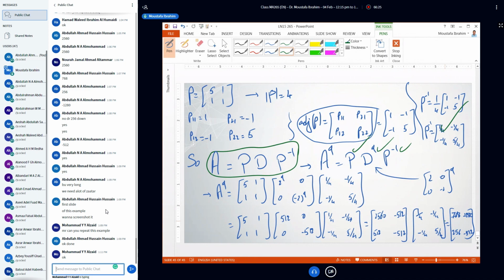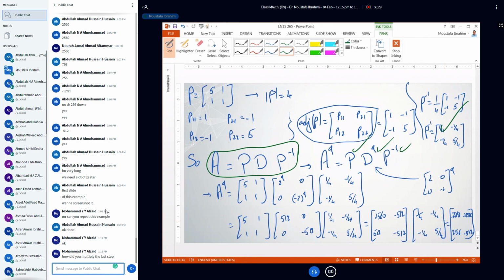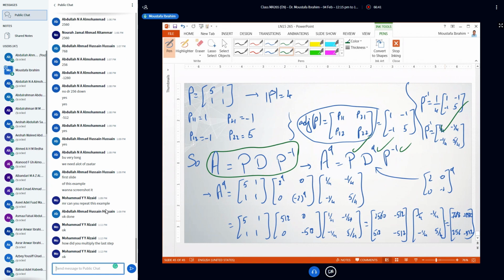It's a little bit long, you're right. You multiply matrix by matrix. How to multiply? You multiply row by column, as usual. Did you forget this from chapter 1? Yeah, row by column.